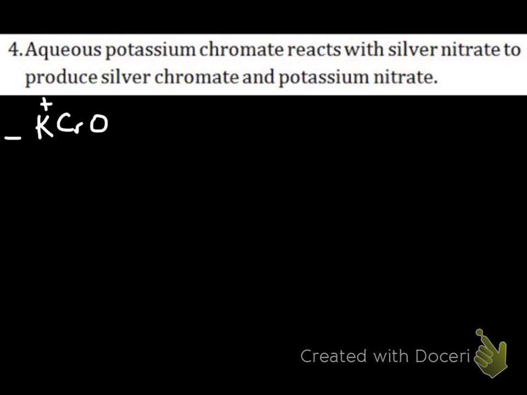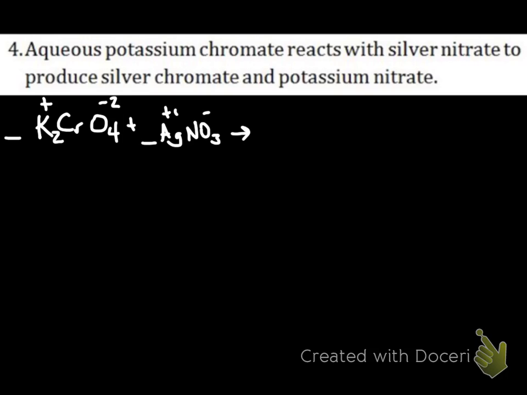Chromate is CrO4, and it's a -2, so I need 2 potassiums. It reacts with silver nitrate, silver plus 1, nitrate -1, so 1 of each.